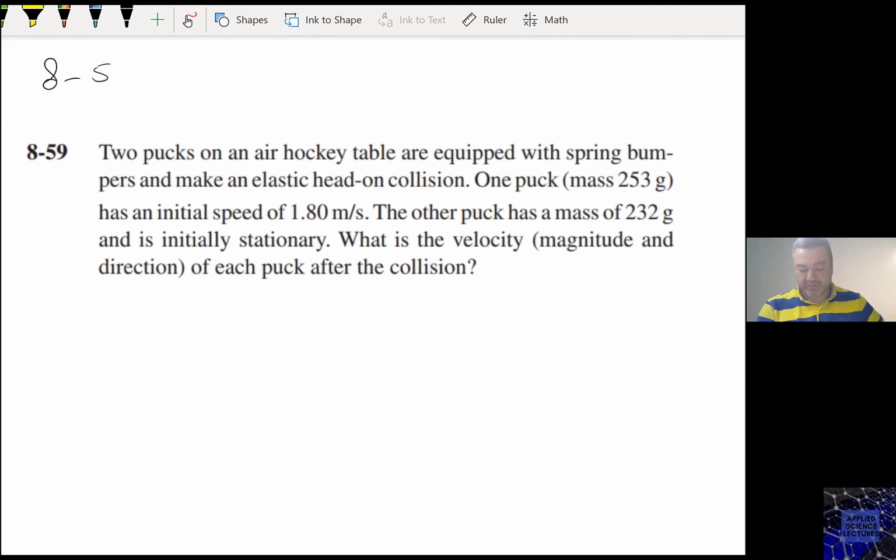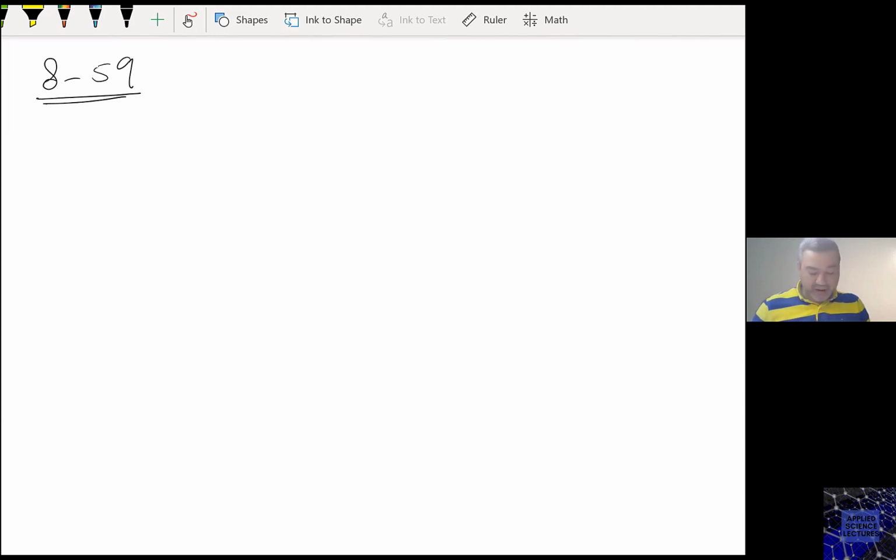859. In 859, we have two pucks on an air hockey table equipped with spring bumpers that make an elastic head-on collision, which means we have a one-dimensional problem. One puck has a mass of 253 grams and an initial speed of 1.8.